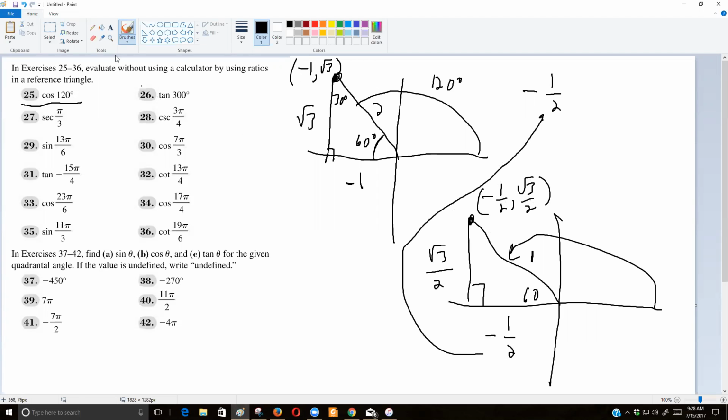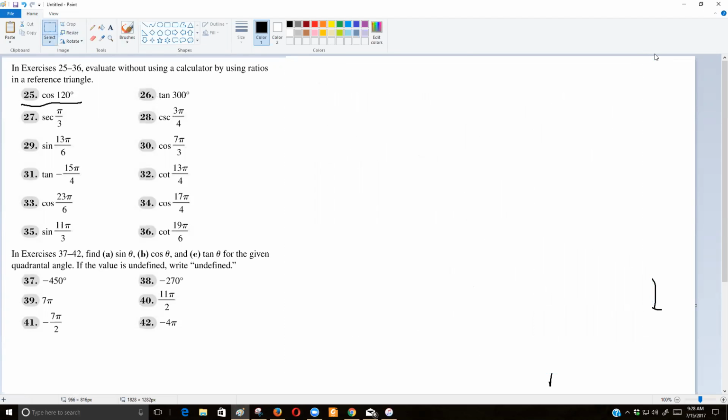Now, what happens if they're giving me angles in radians? Well, the same math. You just got to remember, be able to recognize the different angles you have memorized in radians. So if I have to find the secant of pi over 3, well, let's see, pi over 3 is right here in quadrant 1.